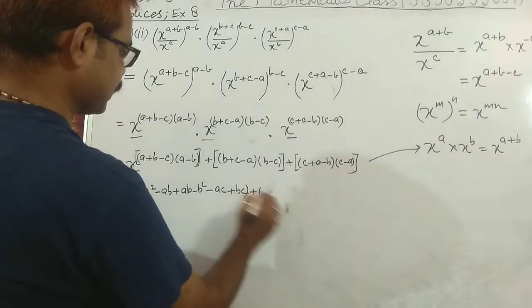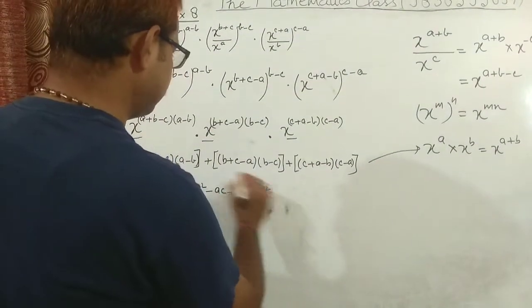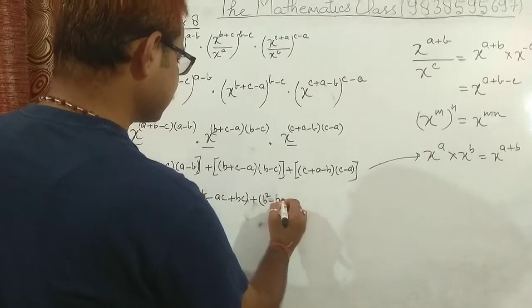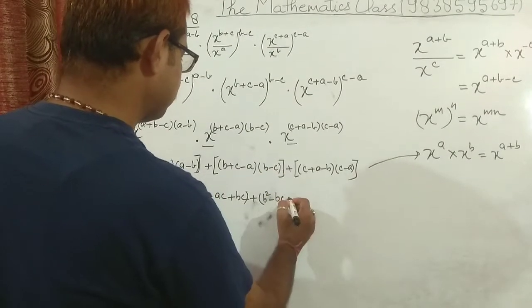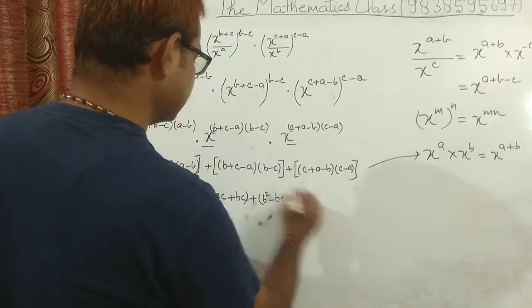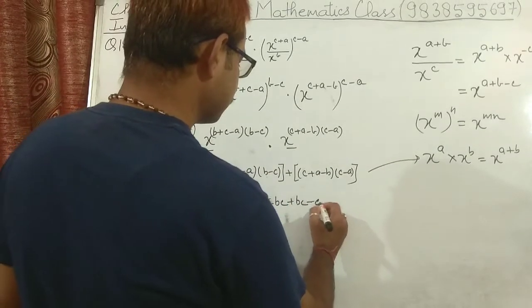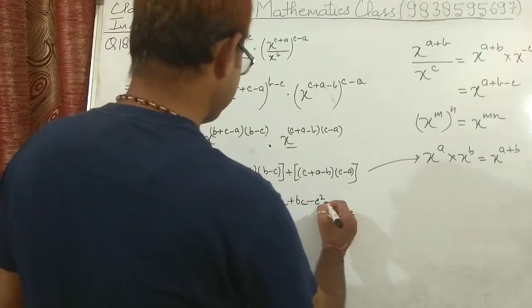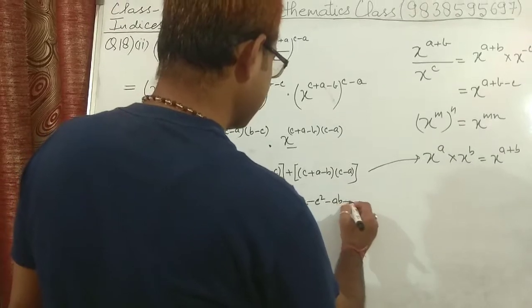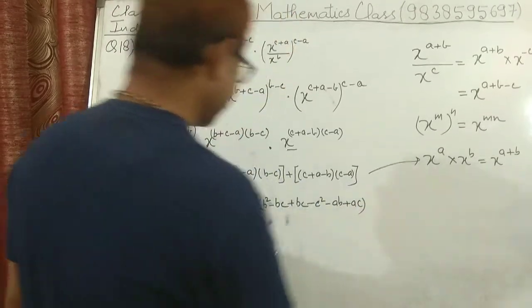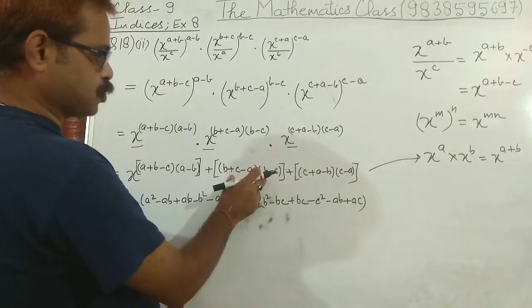Then plus. In this, it will become b square minus bc plus bc, b into c, and minus c square minus ab and plus ac. This total is coming by these two.